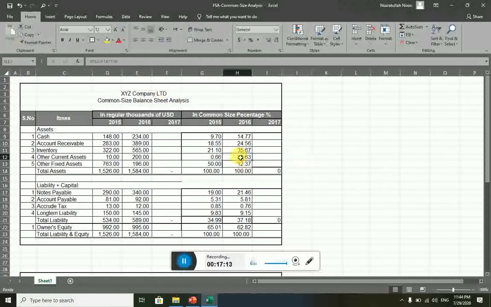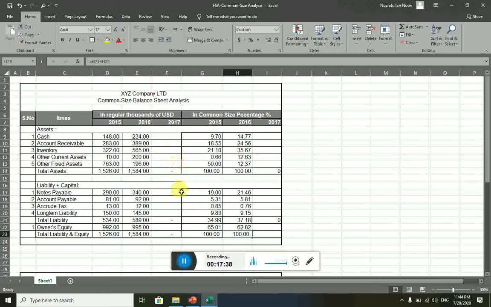So we have to be careful with that, right? Similarly, if you add the owner's equity percentage and the total liability percentage and it equals 100, it means your operation is correct. If these two do not equal 100, it means your operation is not correct.